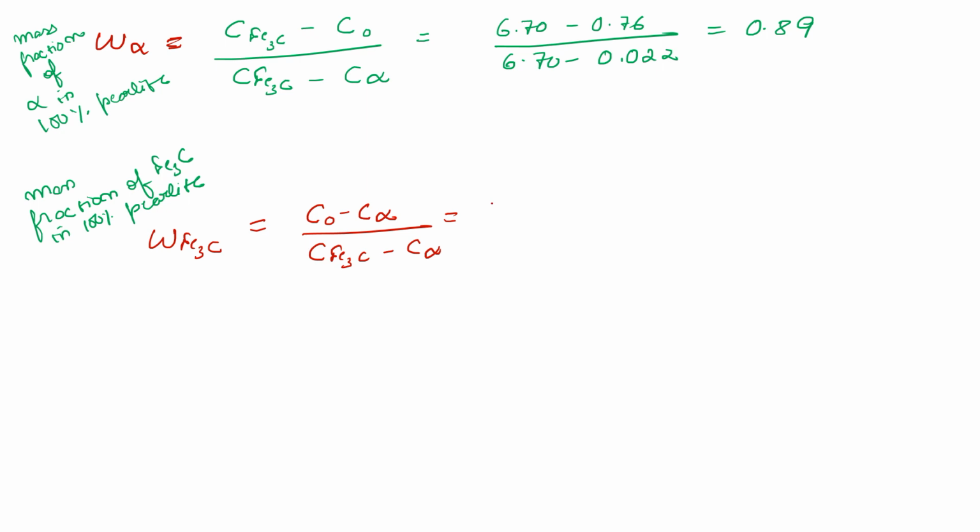That gives 0.76 minus 0.022 divided by 6.7 minus 0.022, which gives 0.11, the complement of this.